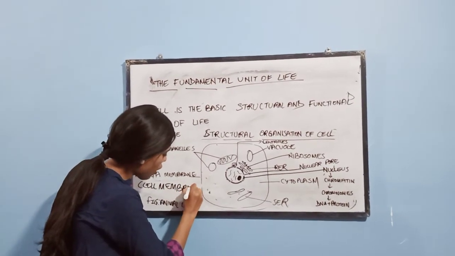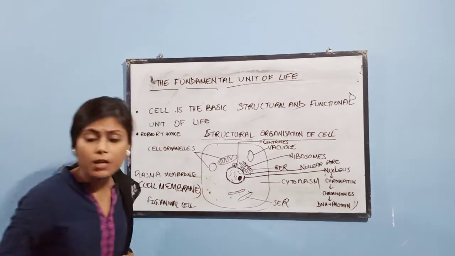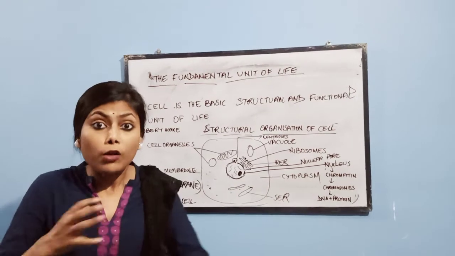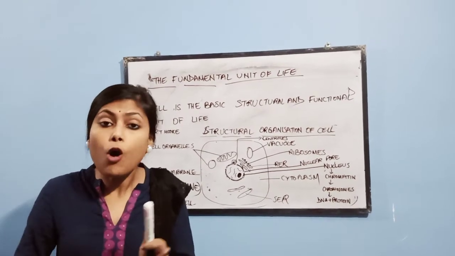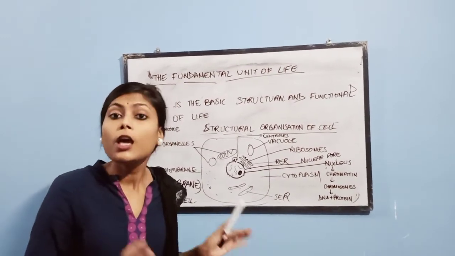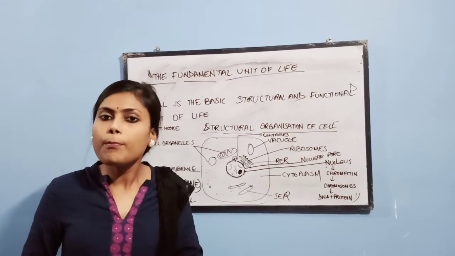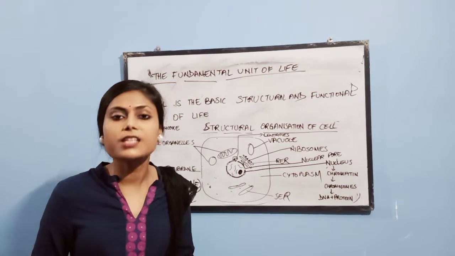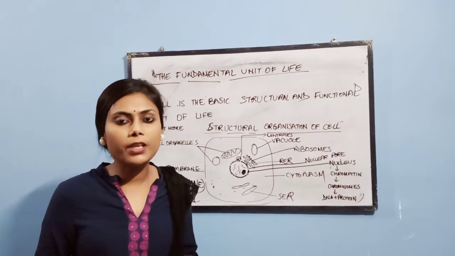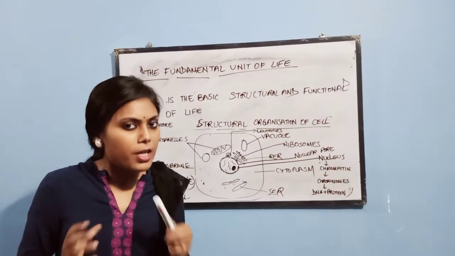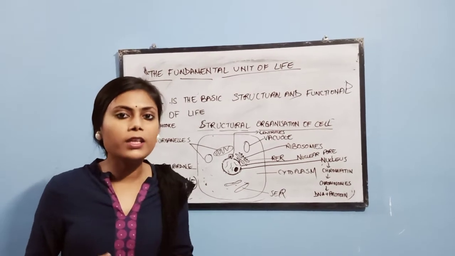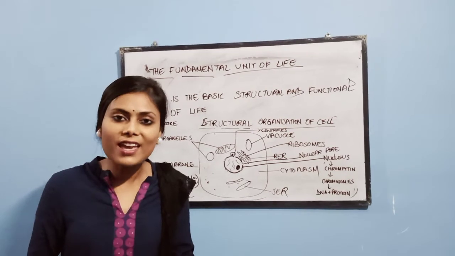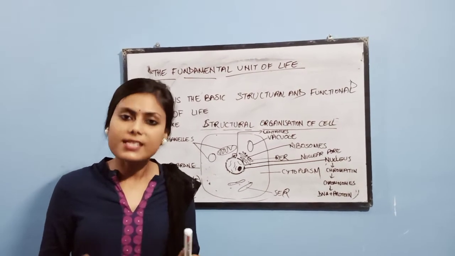The function of the plasma membrane is to separate the content of the cell from the external environment. One of the most important properties of the plasma membrane is that it is selectively permeable in nature. It simply means that it only allows specific molecules to move in and out of the cell.